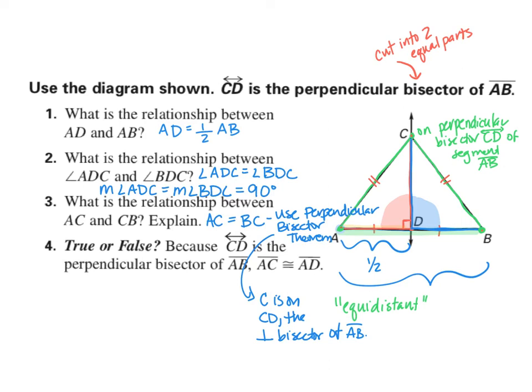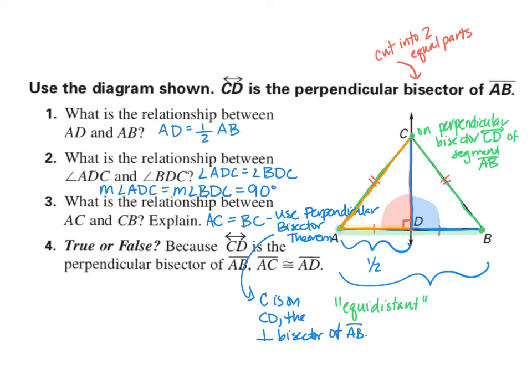Question 4. True or false? Because CD is the perpendicular bisector of AB, AC, which is this one here, is congruent to AD.